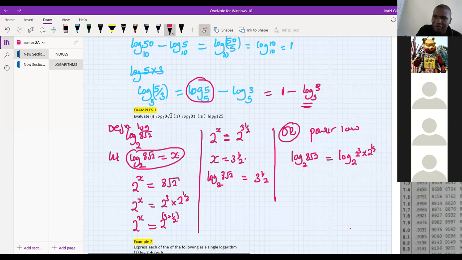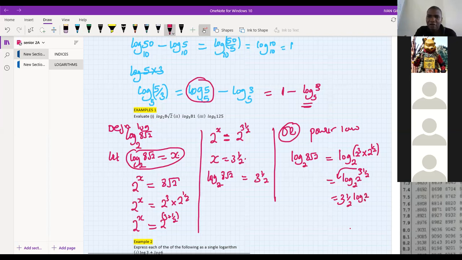So this will be the same as log of 2 to the power of 3.5 to base 2, from the law of indices. Then the power law says we have to drop this power to this side. So we shall end up with 3.5 log of 2 base 2.